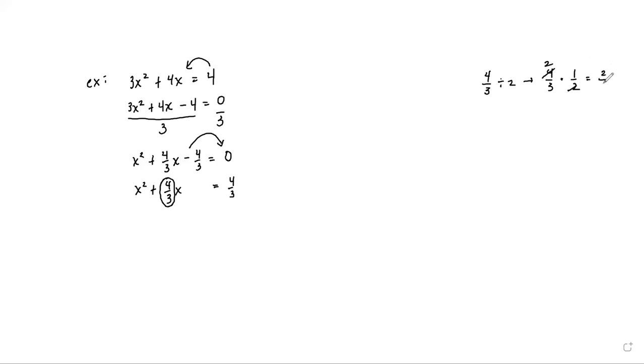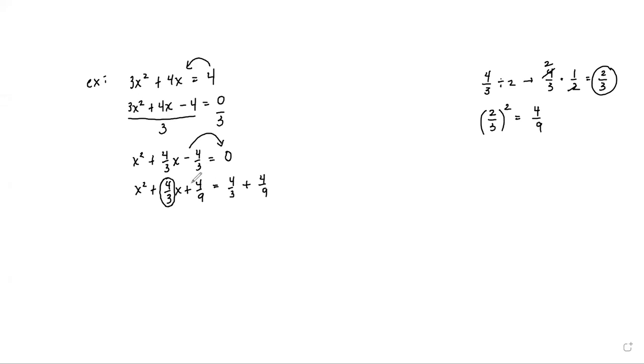2 over 3. And then this 2 over 3 must be squared. And the square of 2 over 3 is 4 over 9. So we shall add 4 over 9 at the left side of the equation. And the quantity added to the left side must also be added to the right side.